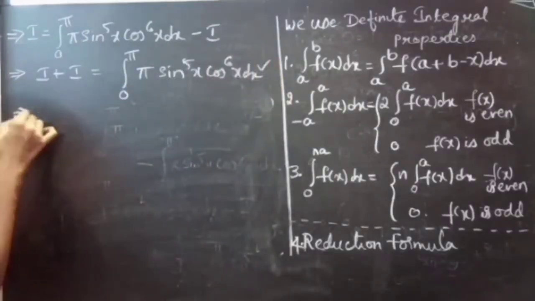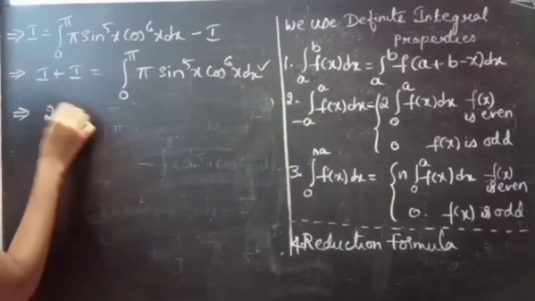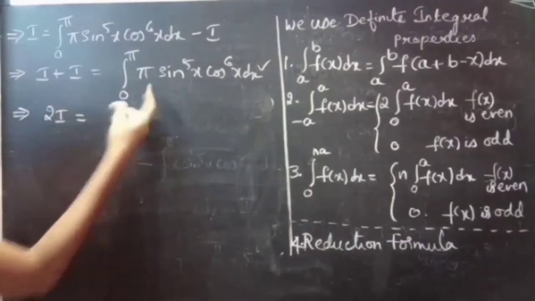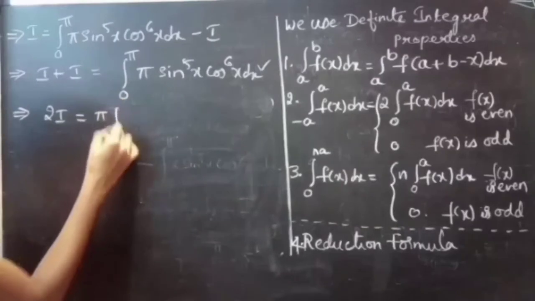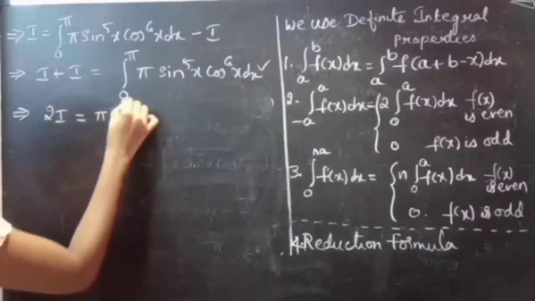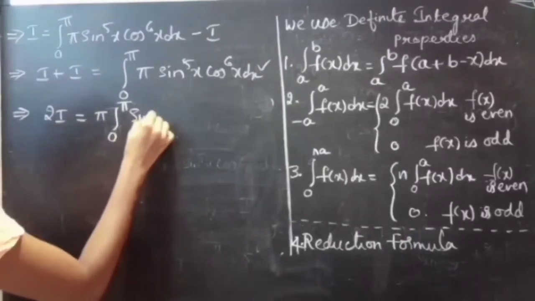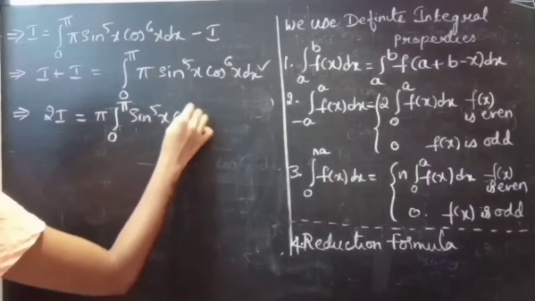So I plus I is 2I equals, since pi is constant, you can take it outside the integral, then you'll get pi into integral from 0 to pi sine power 5x into cos power 6x into dx.